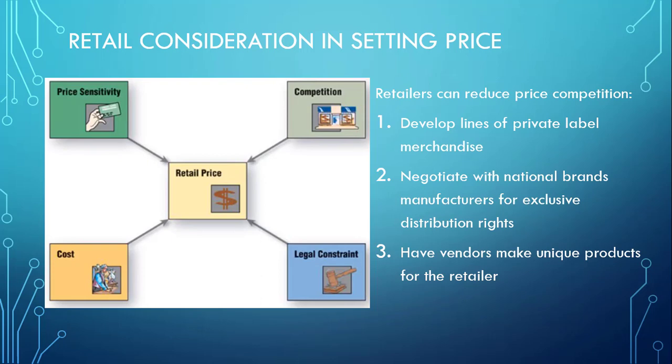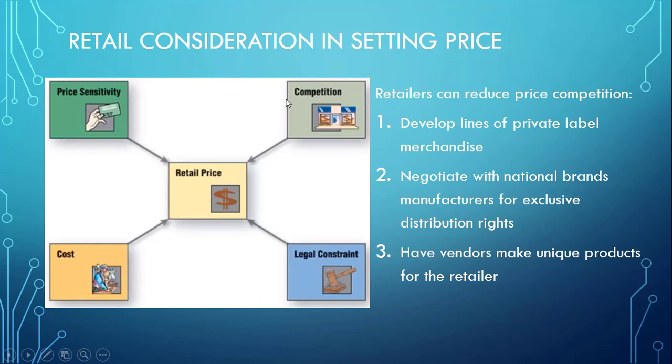So you have to think of competition as a retailer, meaning whenever there is competition in the market, the price will fluctuate based on that. Whenever there is higher competition in the market, your price will be somewhat lower. When the competition is low, then your price will get higher.